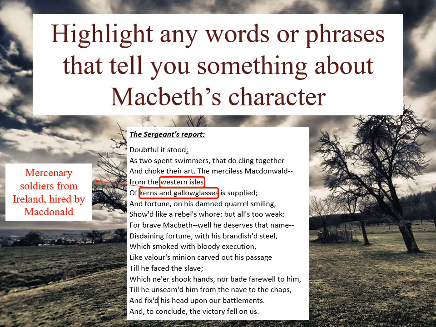If you can't annotate it, if you find that quite hard to do on the screen, then it's okay just to write down a few key quotes from this part of the sergeant's report and just to write underneath what they tell you. But we're looking here for things that tell us something about Macbeth's character. What do we learn about him from this scene? At this point, I want you to stop the video, pause it, and do some work. That should take you about 5 or 10 minutes.